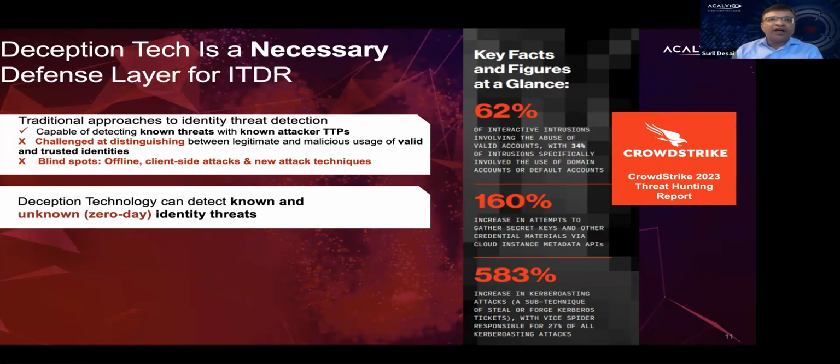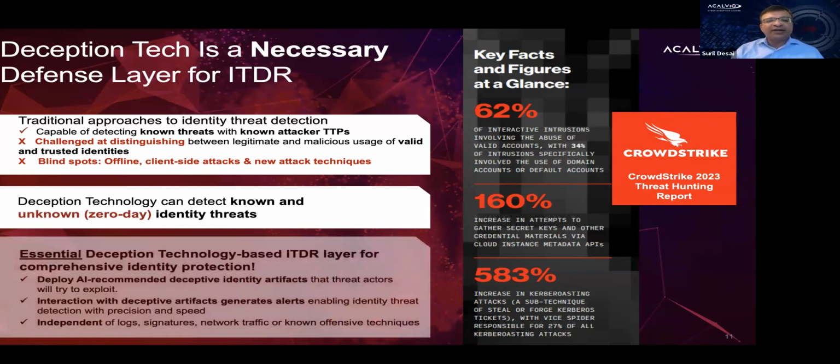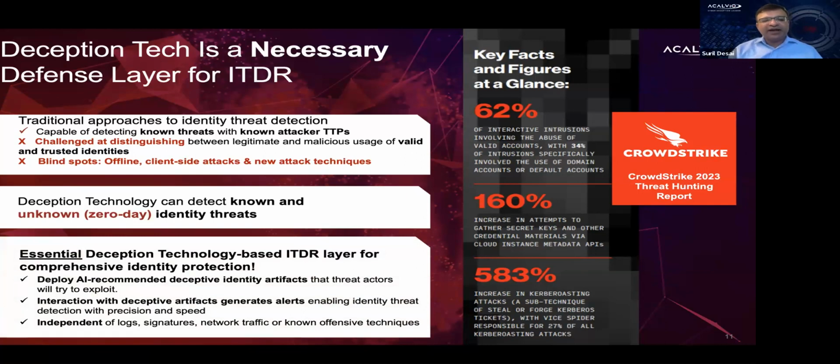Others are performed offline. So deception does not worry about whether it's known or unknown. It can detect identity threats comprehensively. So deception provides an essential deception technology-based ITDR layer, and it can provide comprehensive identity protection.